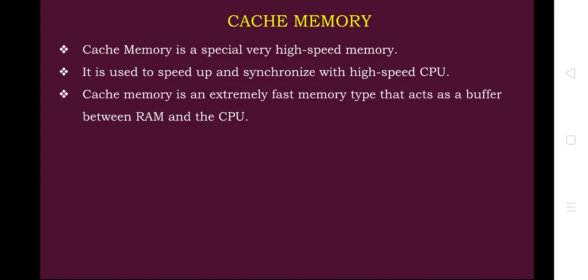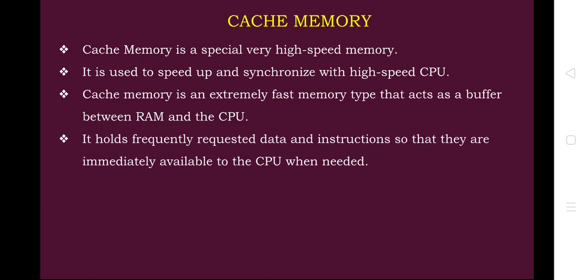This will help to speed up and synchronize with the high speed CPU. Cache memory is an extremely fast memory type that acts as a buffer between RAM and the CPU. We know that RAM is the random access memory where all the currently working processes will be brought in, and the CPU is the processor which accesses the RAM to process any program given by the user or the programmer. So in order to maintain the access speed between the RAM and the CPU, the cache memory plays a very important role.